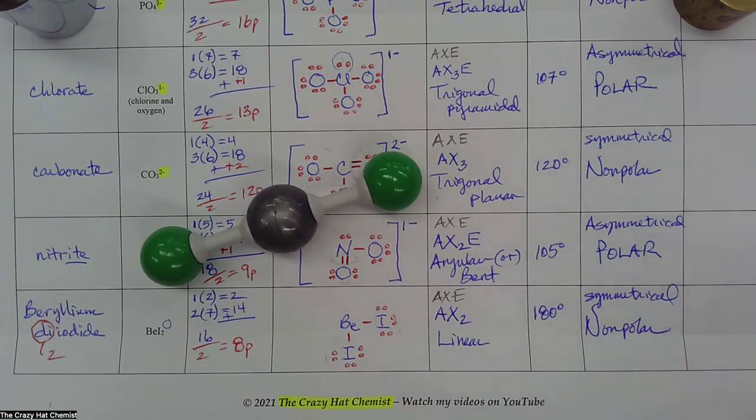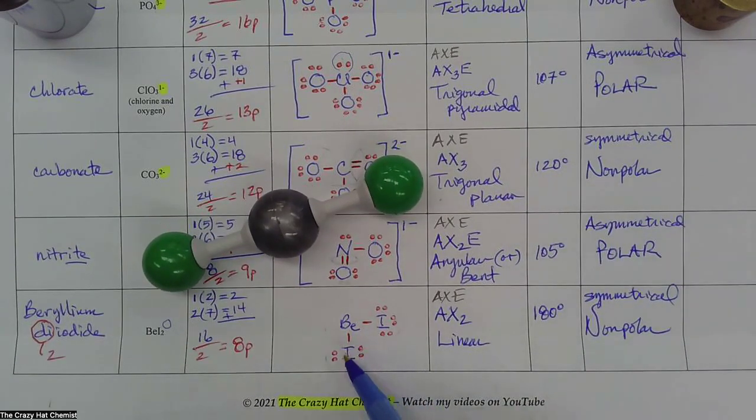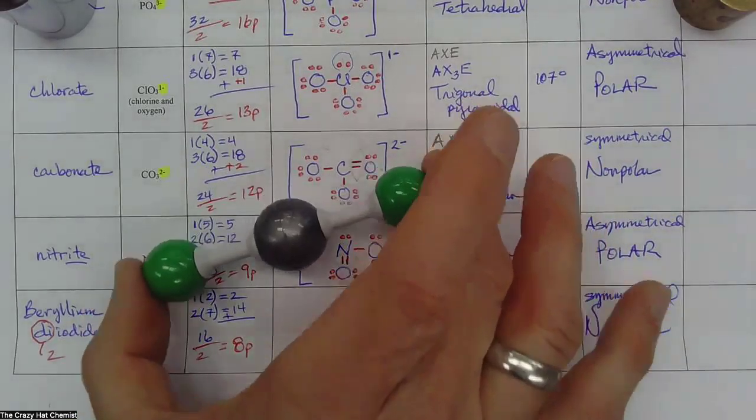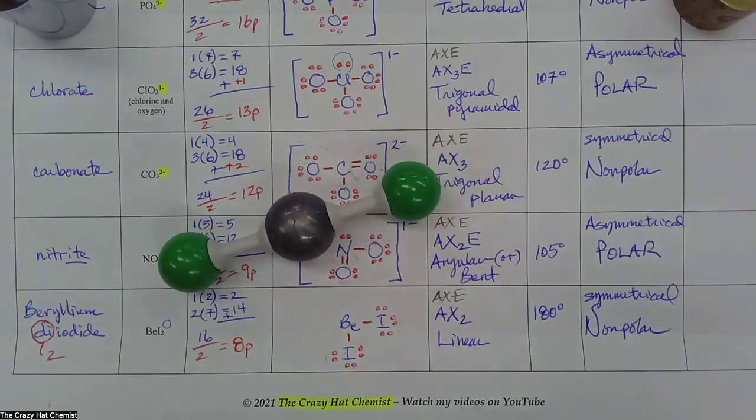I want to mention one other thing with this. Now, I have drawn it in this structure and it looks like it's a 90-degree angle, and it doesn't look like it's linear, but it is most certainly linear. Even though in the Lewis dot structure I've given you the concept of 3 o'clock, 6 o'clock, 9 o'clock, and 12 o'clock, it just kind of helps you get it until you actually understand it.